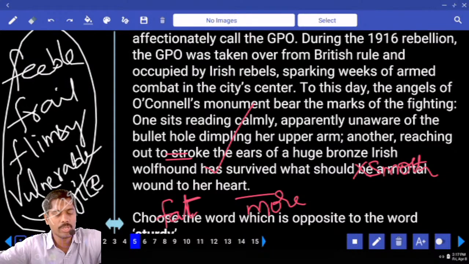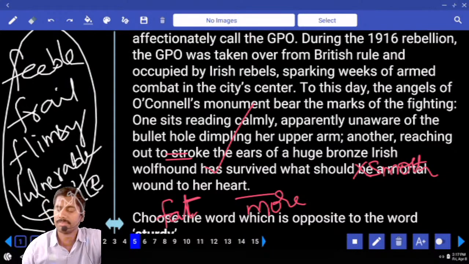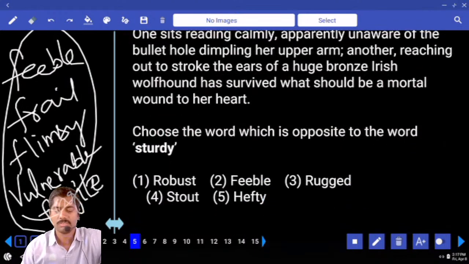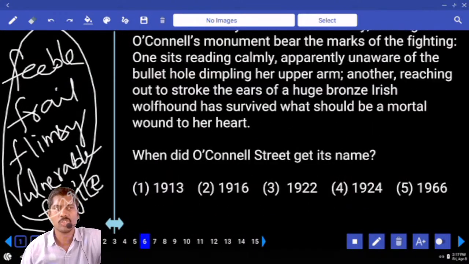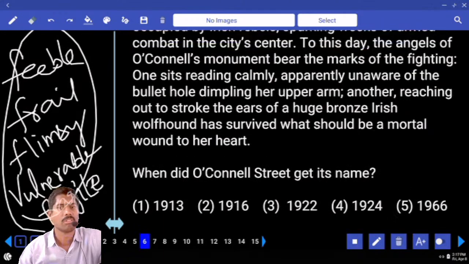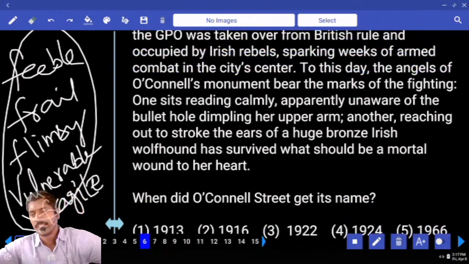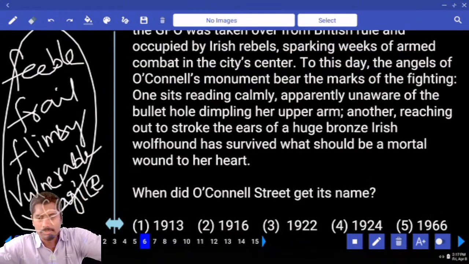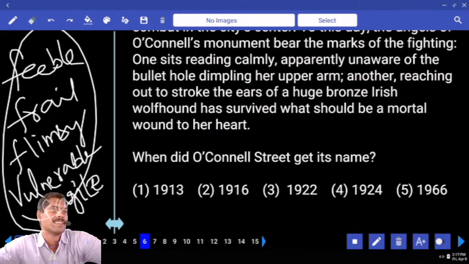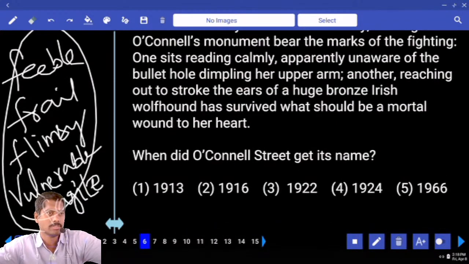What is the most vulnerable thing in life? What is the most vulnerable thing? Nothing. It can be easily broken. Trust, easily broken.